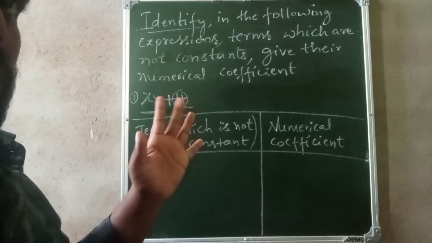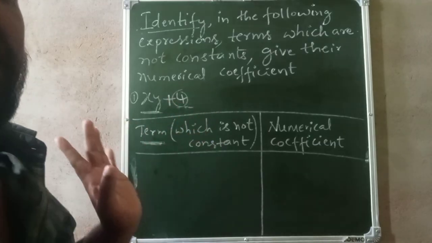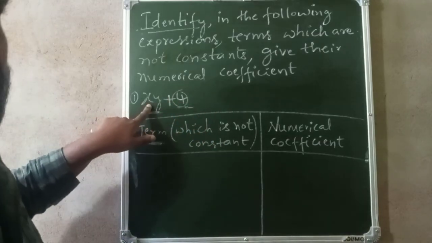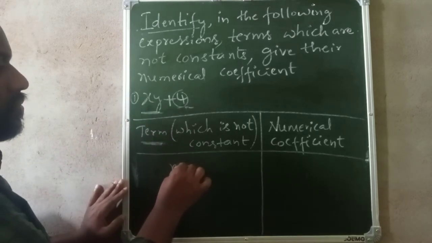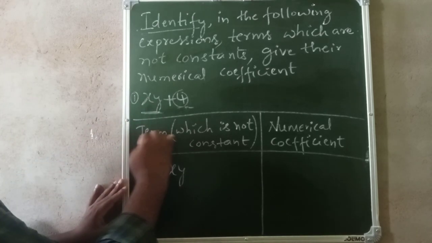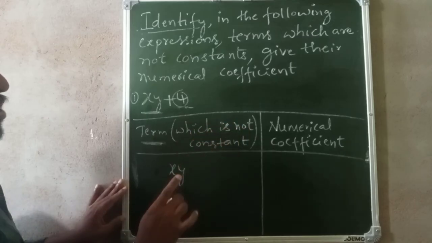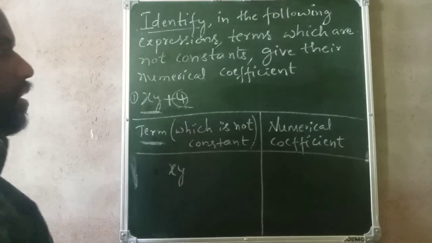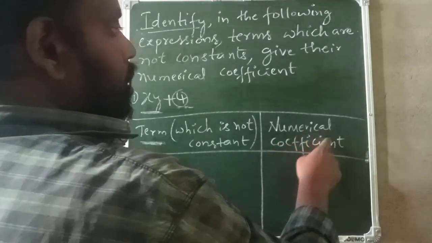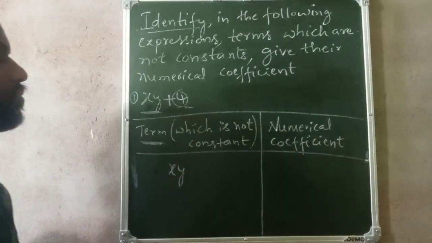Is there any number? No. Only variables x and y are there. So you have to write here the term which is not constant, that is xy. Okay. Next, you have to write the numerical coefficient.